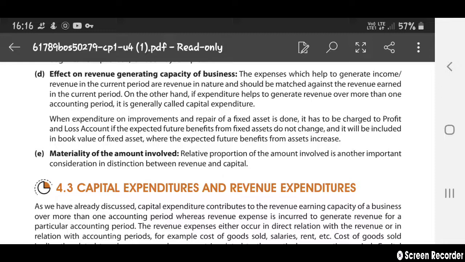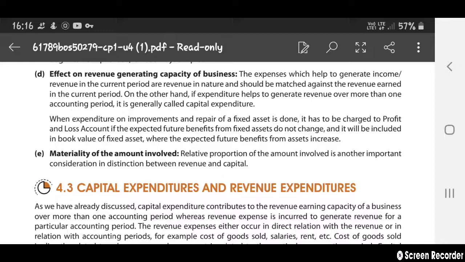On the other hand, expenditure that helps to generate revenue over more than one accounting period, helping the company generate more revenue next year also, is called capital expenditure.